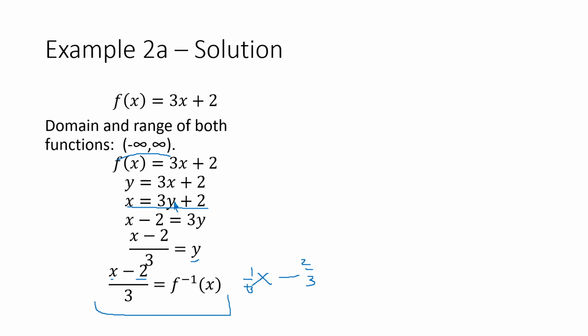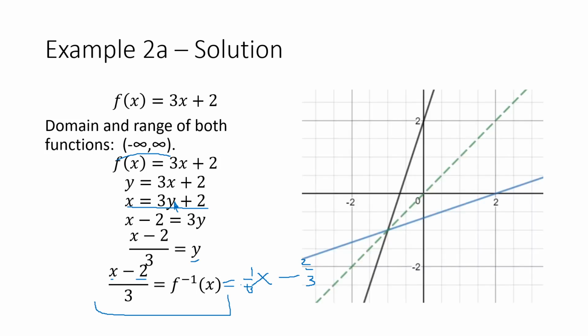Sorry for the sloppy handwriting. You can see that graphically when we sketch out both of those as well. 3x plus 2 is the original line in black. The one in blue is the inverse. Those are both linear functions, and they are reflected across that identity line, y equals x.